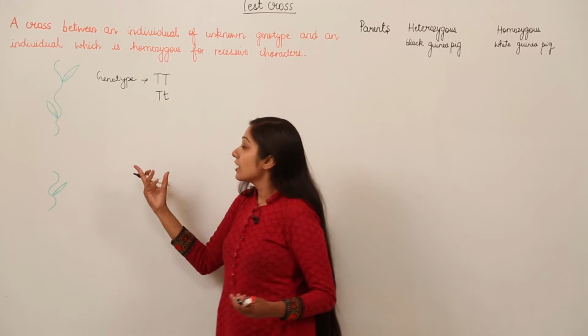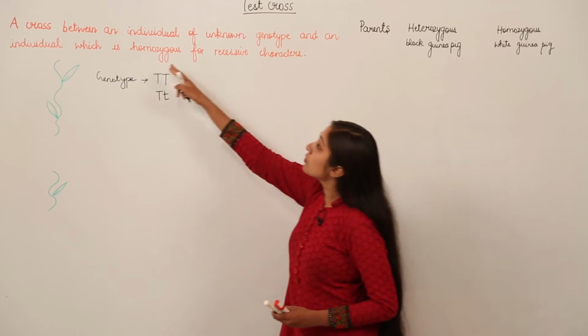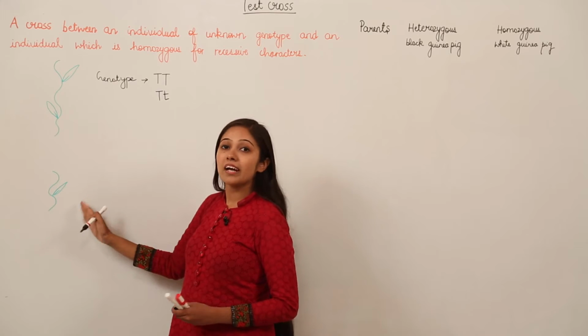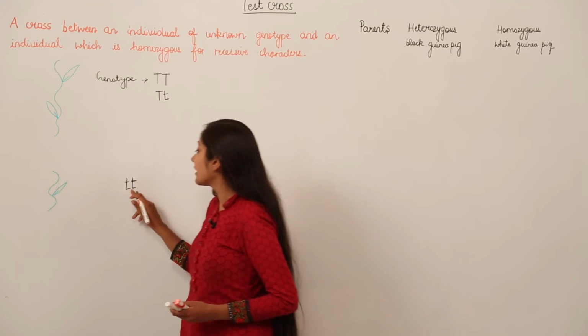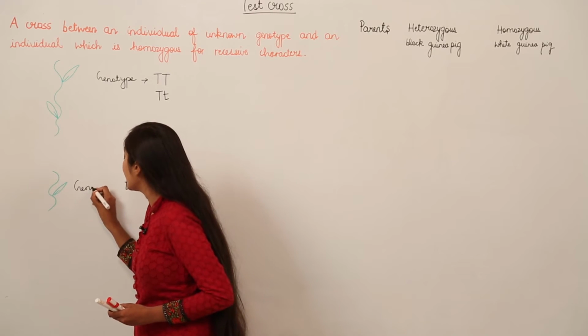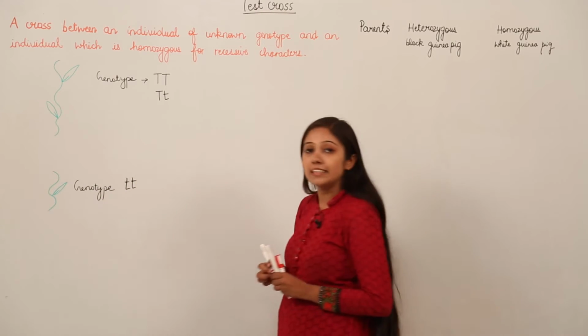But in this cross we have the homozygous recessive character, so the genotype for a dwarf plant is definitely going to be a lowercase t and a lowercase t.